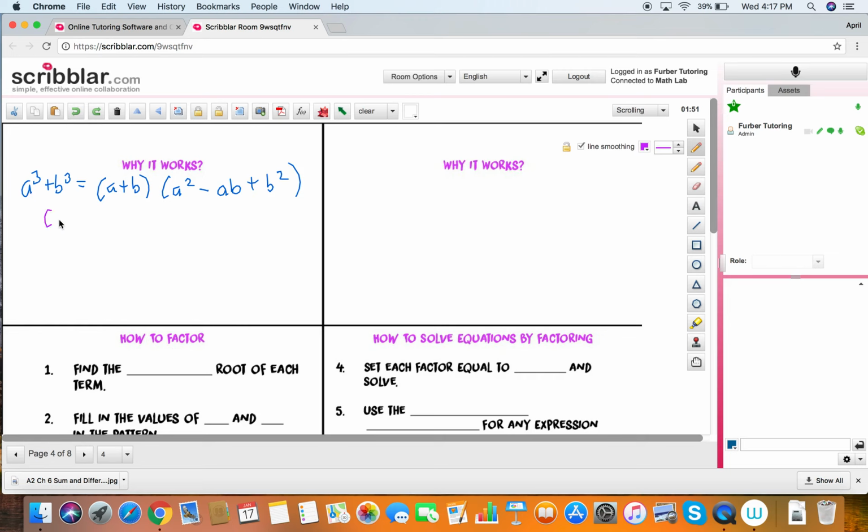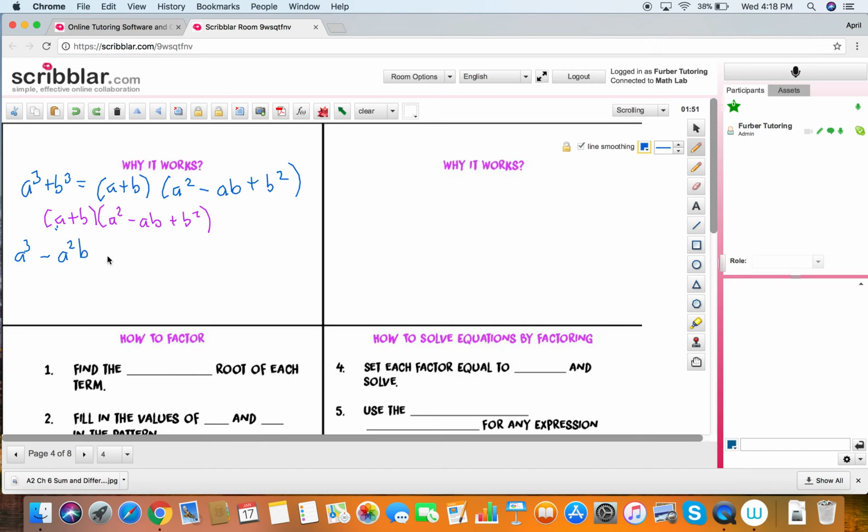So if I were to multiply this, I would go ahead and multiply the a times all three of these. So a times a squared is a cubed. A times negative ab would be negative a squared b.